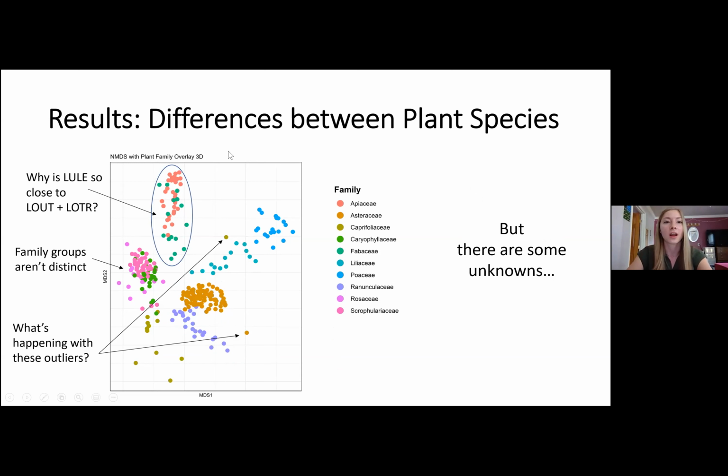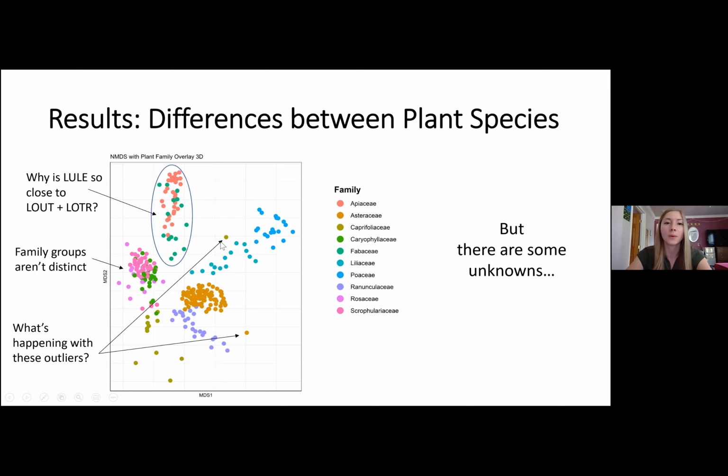Of course, there are a couple of other interesting factors of this graph that we still have to figure out. For example, we don't know why Luli is so close to Lout and Loter. Also, our Castanea parasite is sort of not as distinct as the other plant species are, where we have several species that you can sort of tell that there are groups clustering here, but they are quite close to one another.